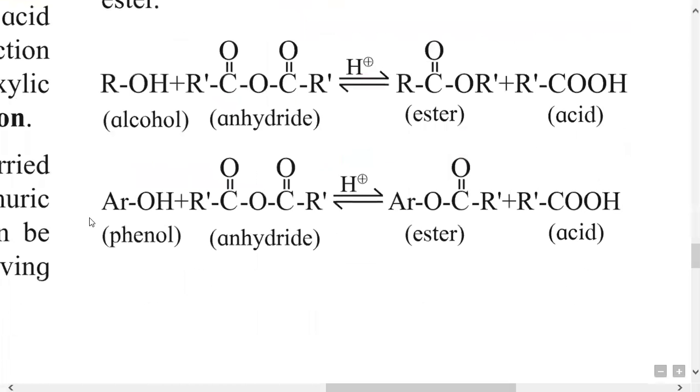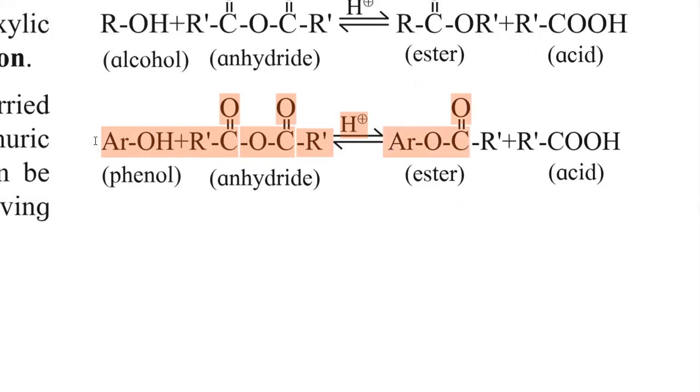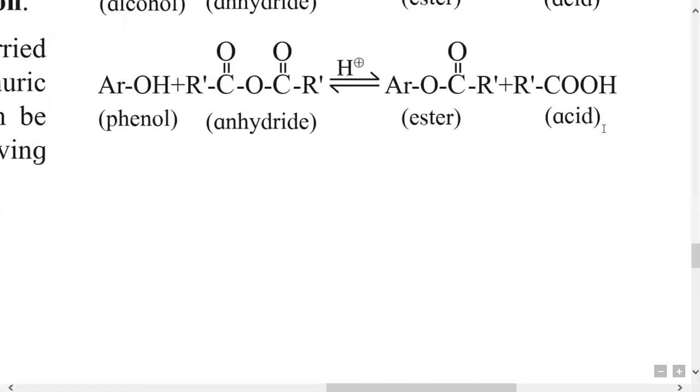Similar to this is the esterification reaction of phenol. Phenol is represented with the general formula ArOH. When it reacts with acid anhydride having the general formula RC=O-O-C=O-R' in the presence of acid, that is H+, it gives R'-C=O-OAr, that is ester formation, and the side product is R'COOH, a carboxylic acid.